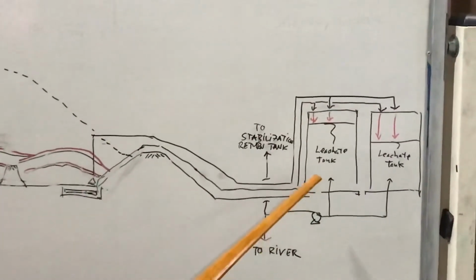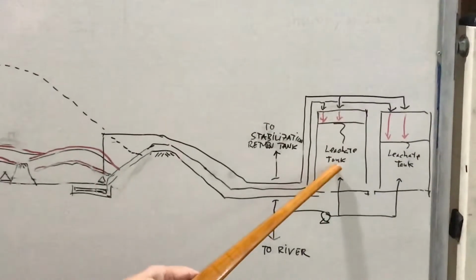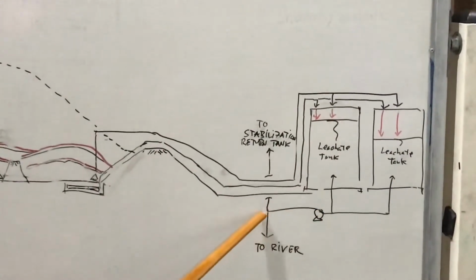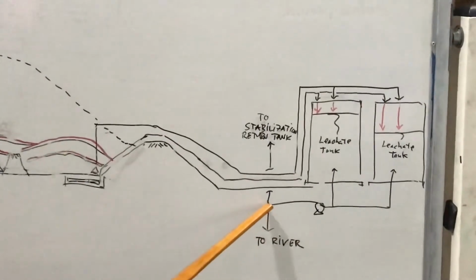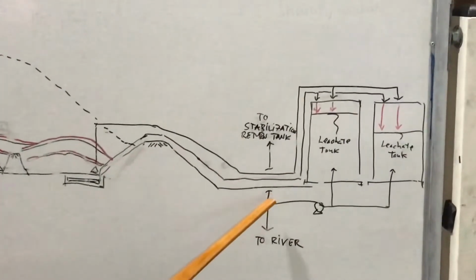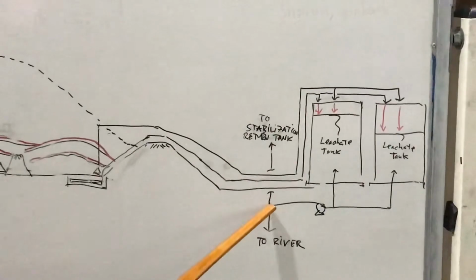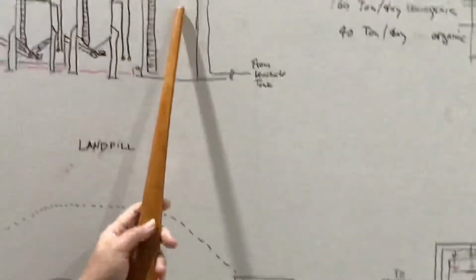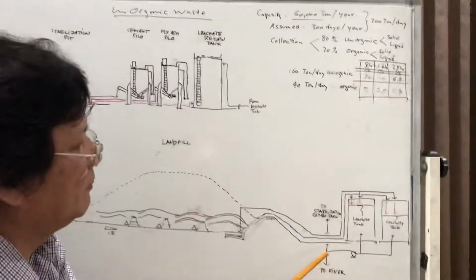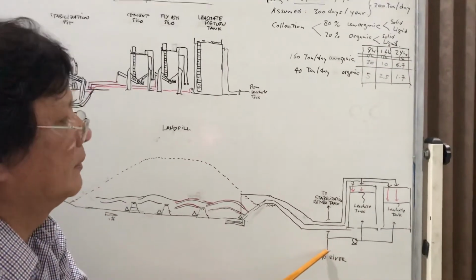If the water is good, we can actually discharge to the river. If not, preferably we return this water to this tank, but if that is not possible, we need to discharge to the river.